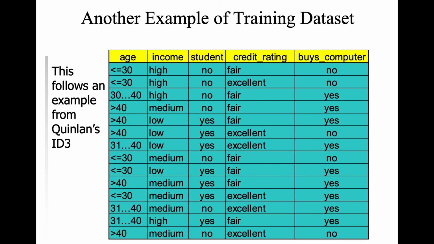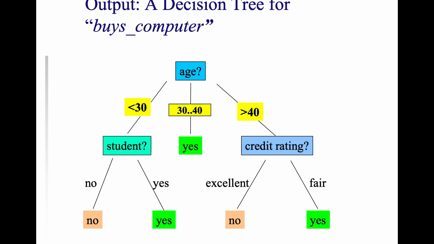The branches show the values of that attribute. For the credit rating, we have fair and excellent, right? Those are the values for the credit rating. So our branches are either fair or excellent. Now, if the age is greater than 40 years old and the credit rating is excellent, what would be the result?